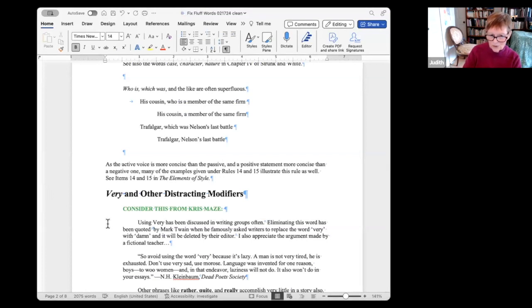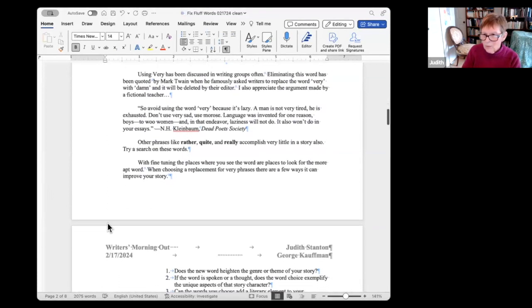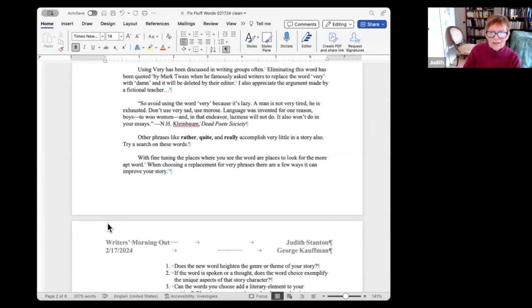She starts talking about very, which we talk about a lot, and other distracting modifiers, and says using very has been discussed in writing groups often. Eliminating this word has been quoted by Mark Twain when he famously asked writers to replace the word very with the word damn, and it will be deleted by their editor.